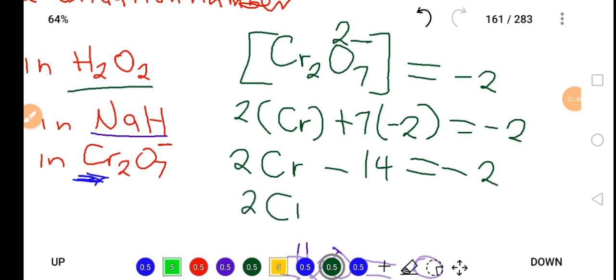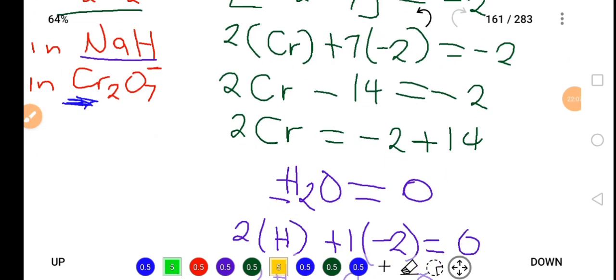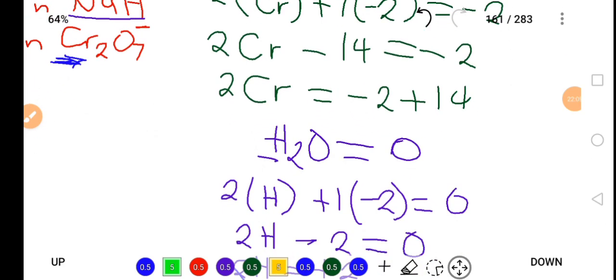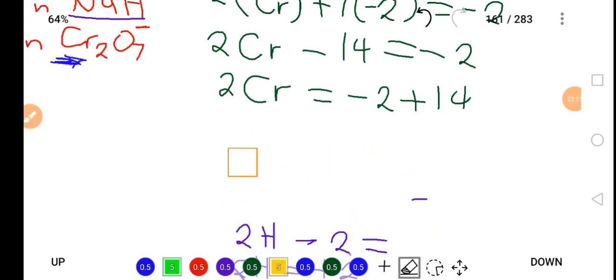So we are going to say 2 chromium equals -2 plus 14. So what are we going to do?